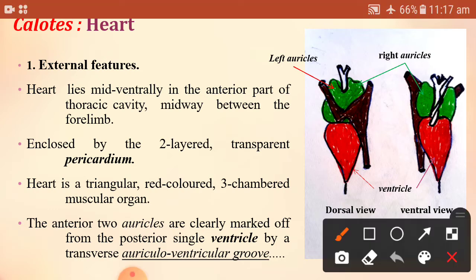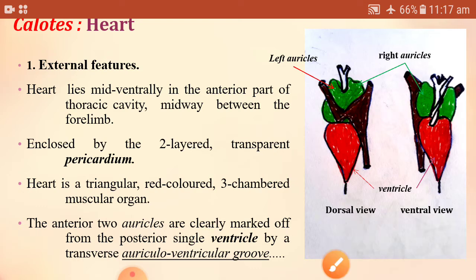Here we can see that the auricles are separated from the ventricle by a groove, and that groove is called the auriculoventricular groove, the line which separates the two auricles from the ventricle. So the heart is three-chambered, having two auricles and a single ventricle.